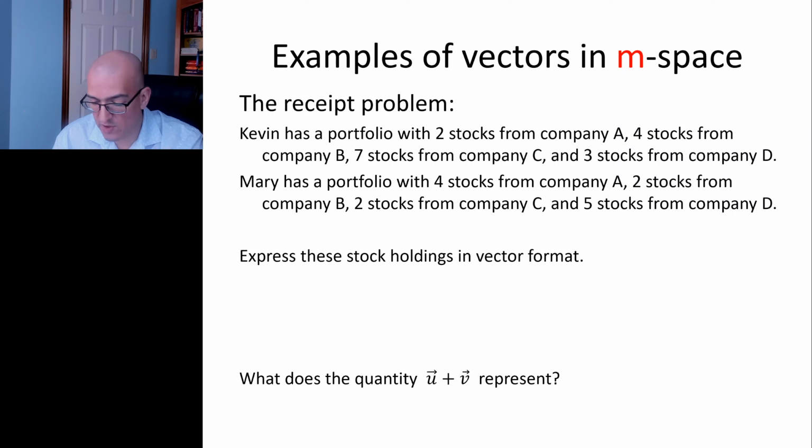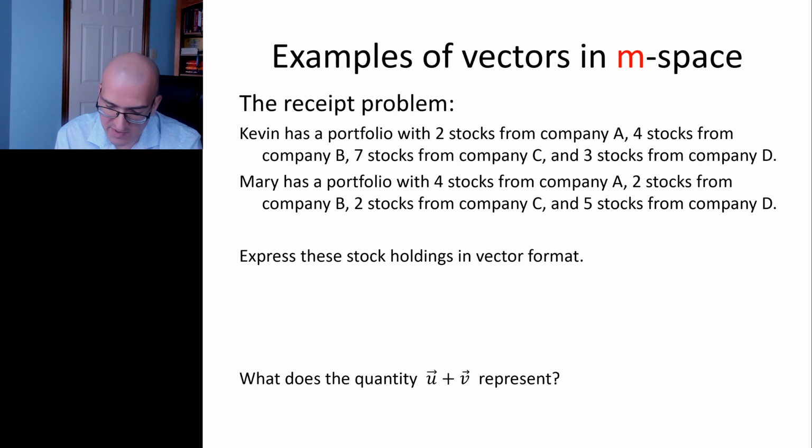So here is a more concrete example. There's Kevin, who has an investment portfolio: 2 stocks from company A, 4 stocks from company B, 7 stocks from company C, and 3 stocks from company D. And then Mary has a similar portfolio. We can express these stock holdings in vector format.